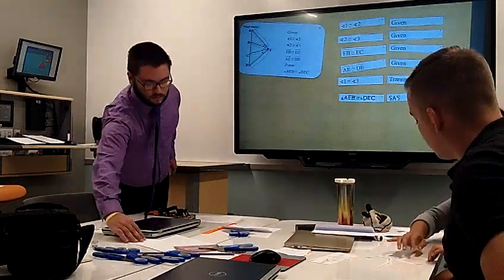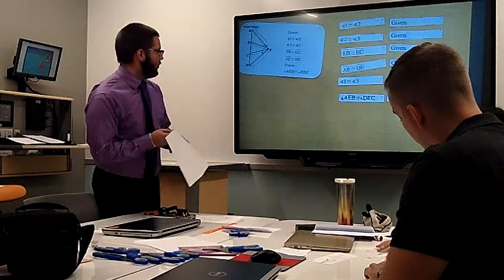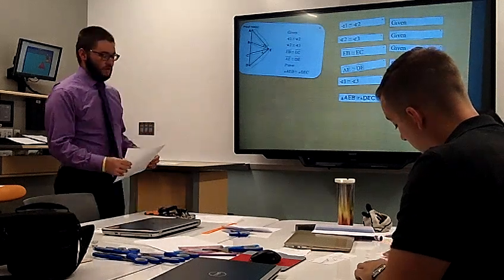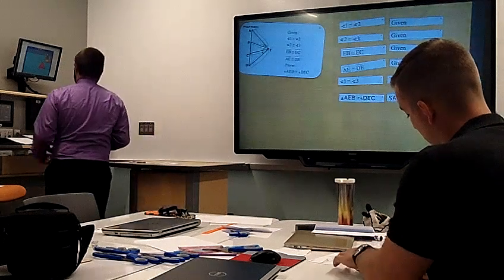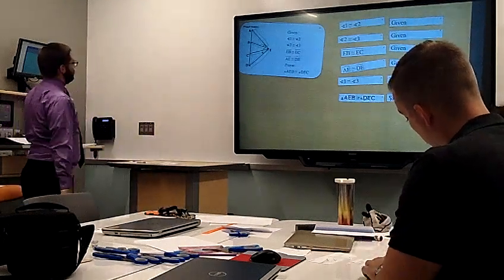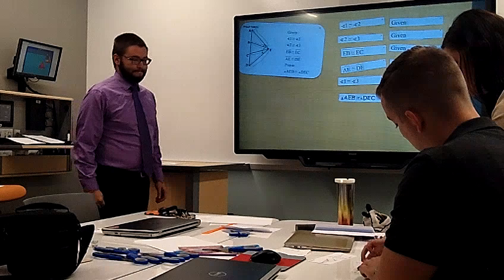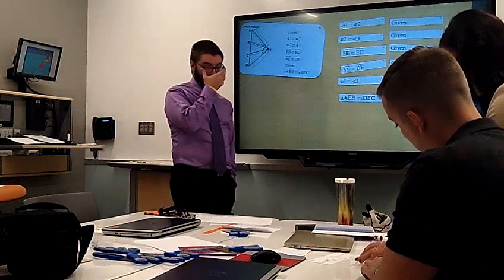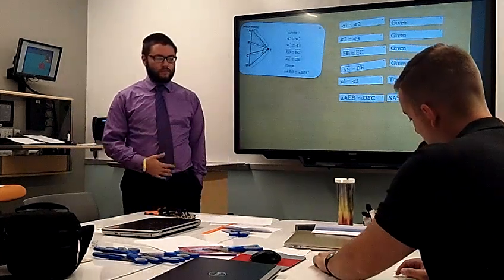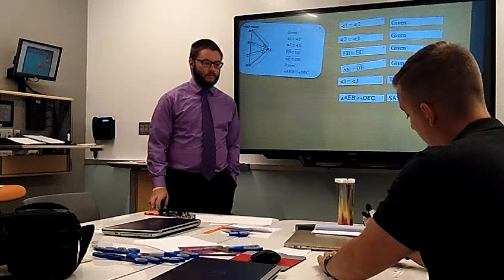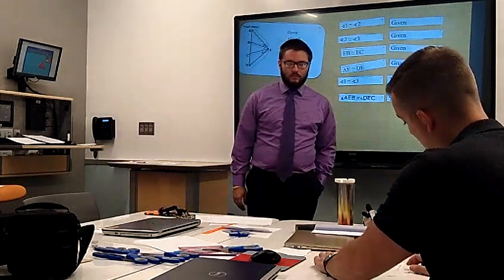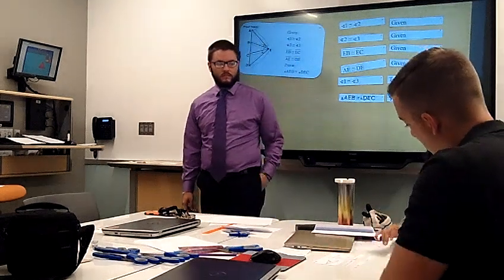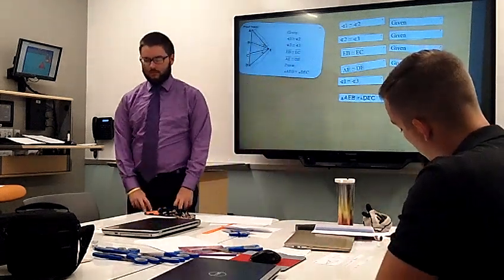Should we separate it to like your column and my column? Yeah. JK and JM, that's also given. And then the specific column.